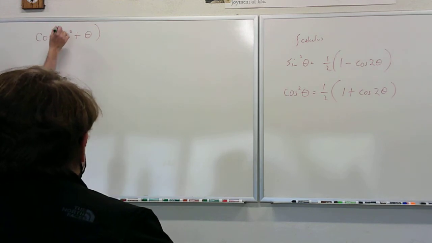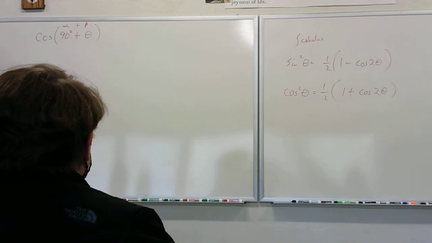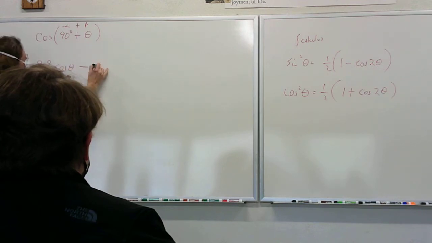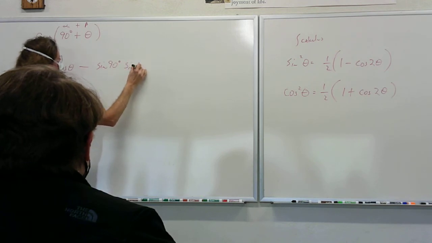You probably know that's what? Alpha plus what? So you do cosine of 90, cosine of theta, minus sine of 90, sine of theta.